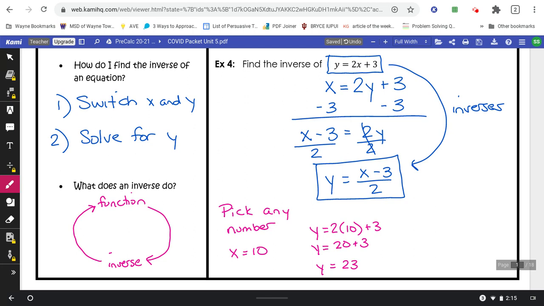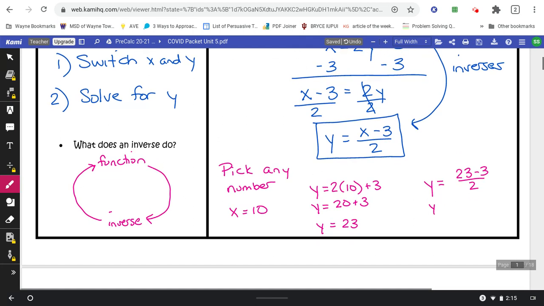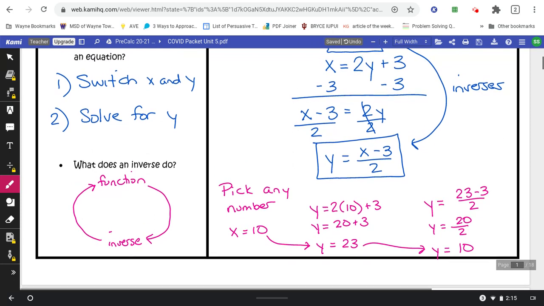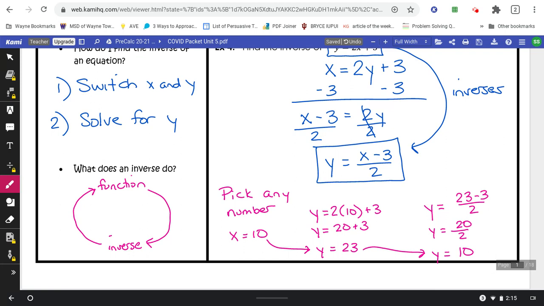If we take this 23 and then plug it back into the inverse, 23 minus 3 over 2, watch what happens here. 23 minus 3 is 20. And 20 divided by 2 gets you 10. So 10 took you to 23. And then the inverse takes you back to 10. It creates this little loop there. And that will happen with any number. So you could pick any number you wanted to, and it'll still make that happen. Always getting back to where you started.